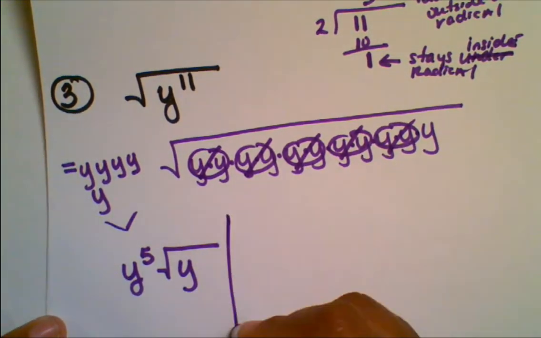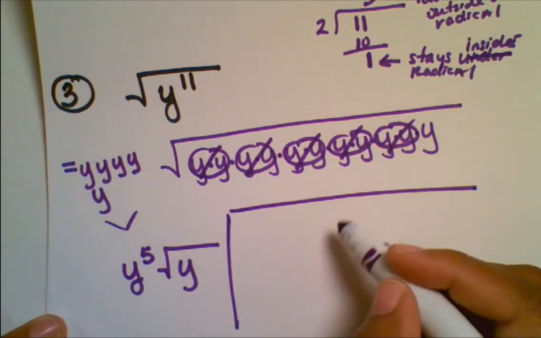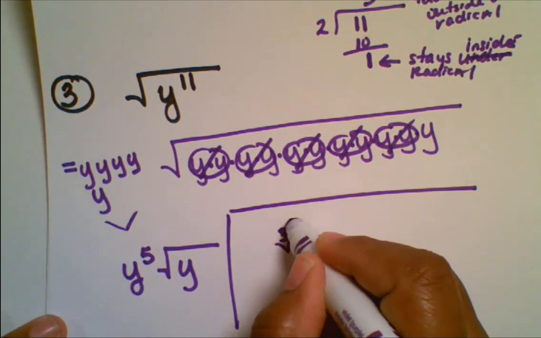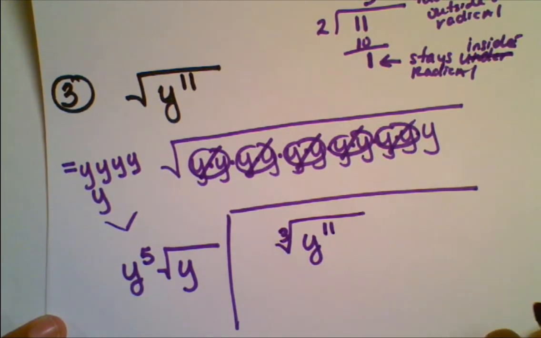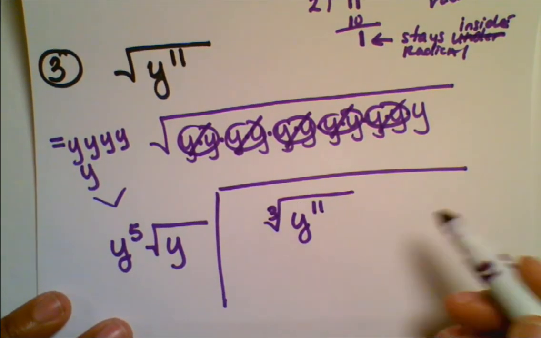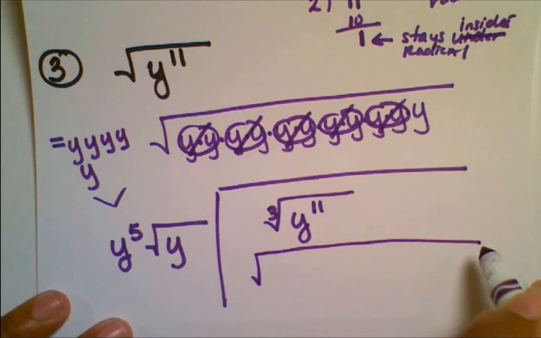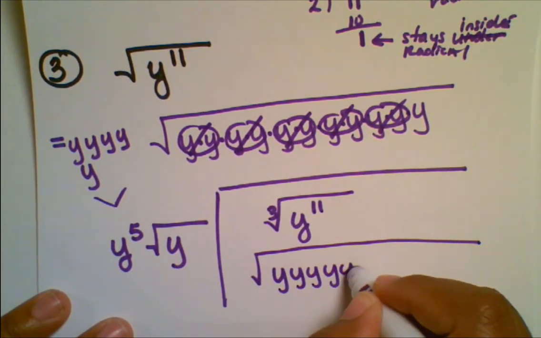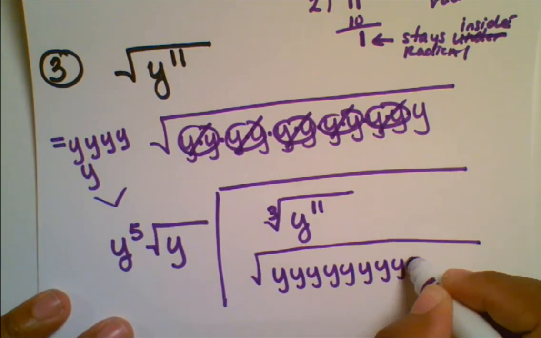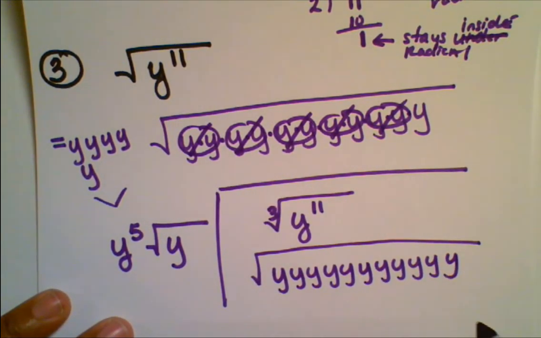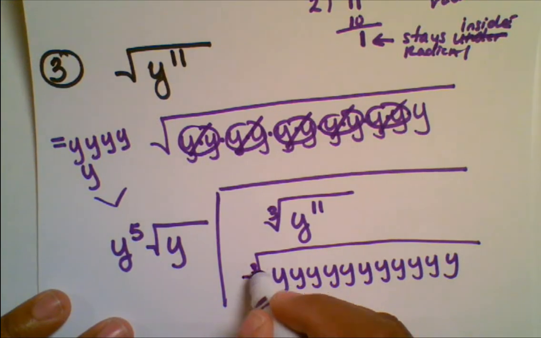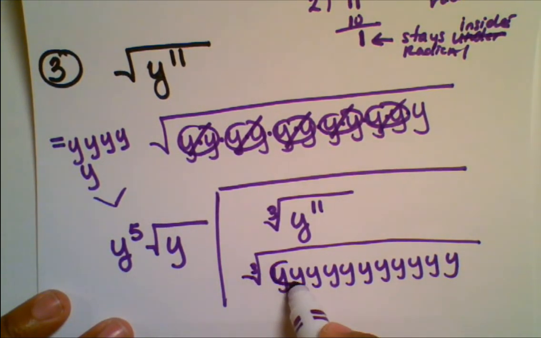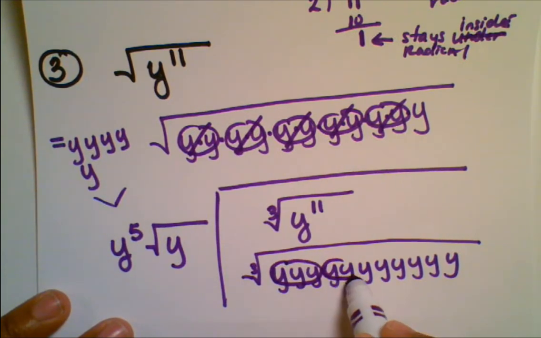Now, just to extend this out, what if we had the cube root of y to the 11th? So here again, I'm going to write y 11 times. And with a cube root, we're going to group this time in threes because the index is 3.